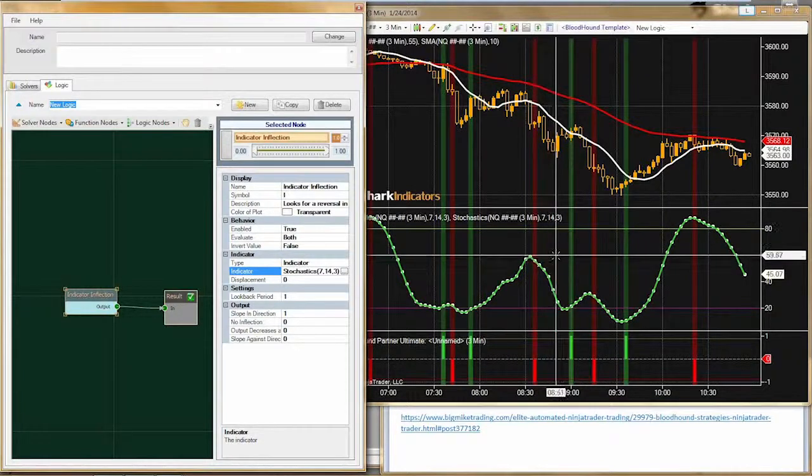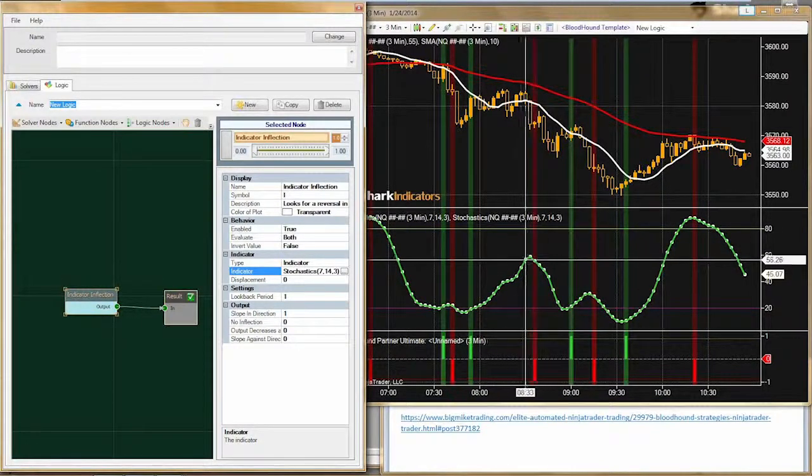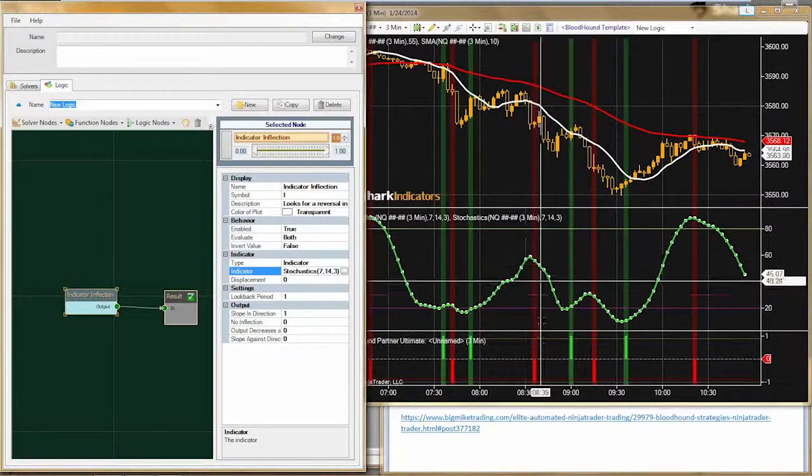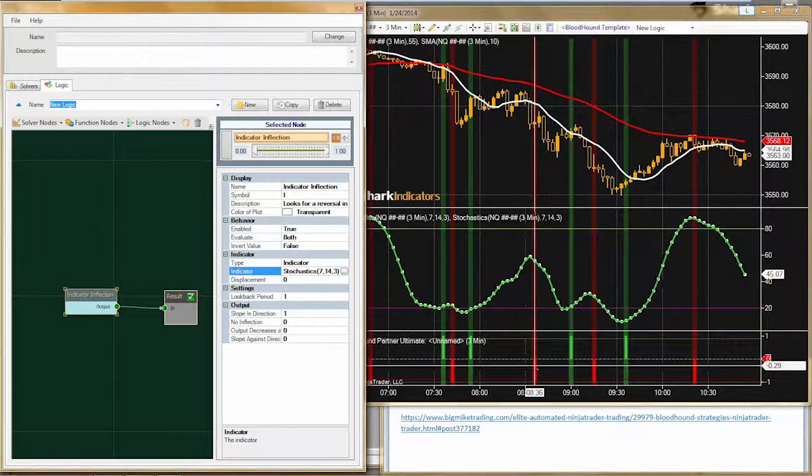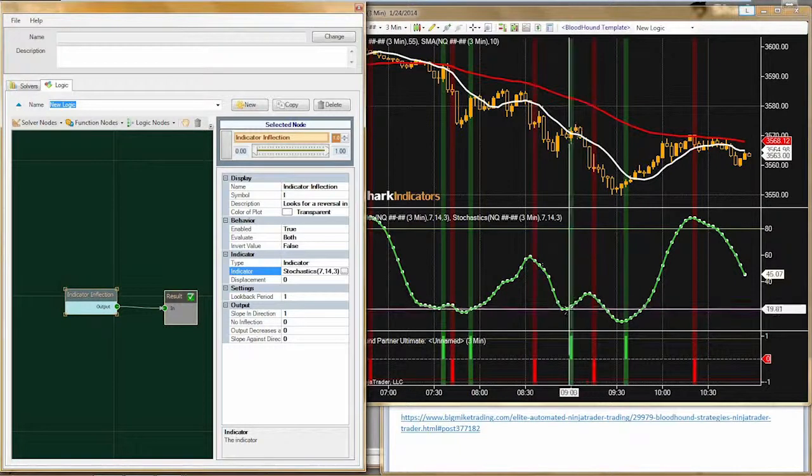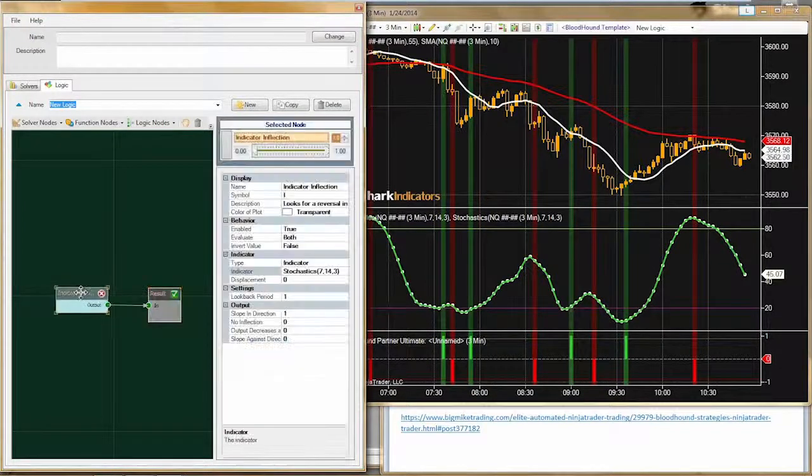Okay, so simple enough, right? We can see now whenever the stochastic turns down, we're getting a short output, and a long output when the stochastic turns upwards.